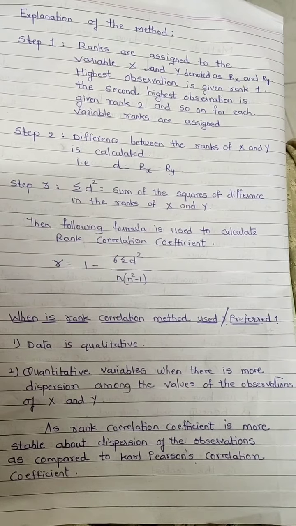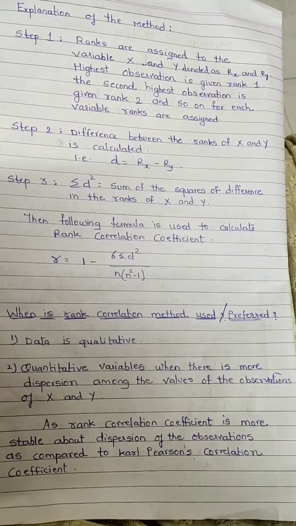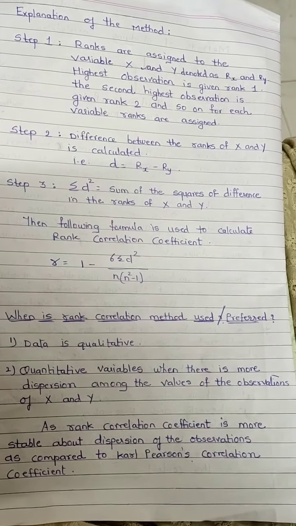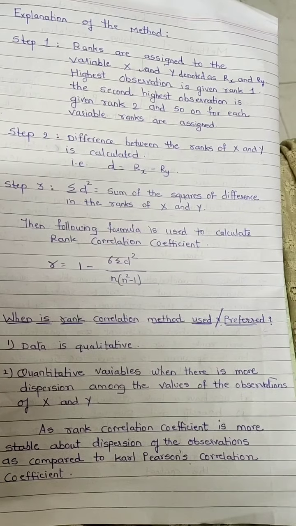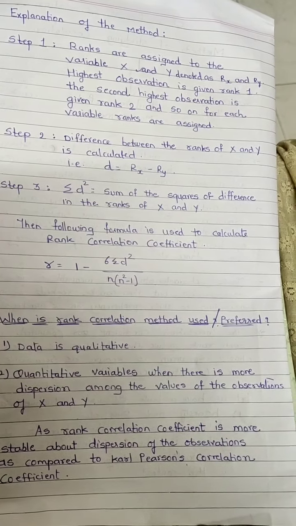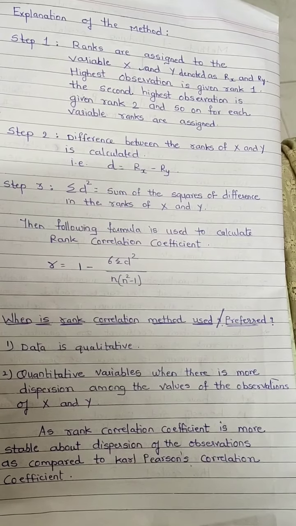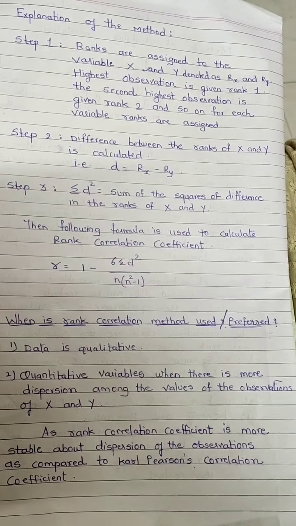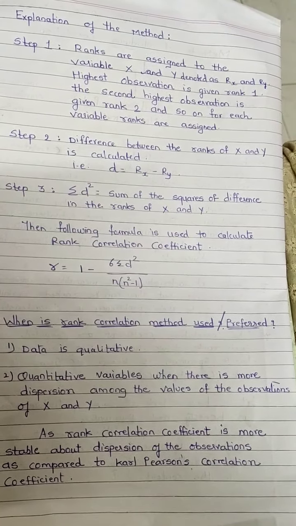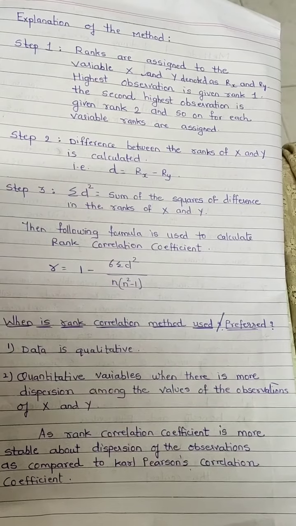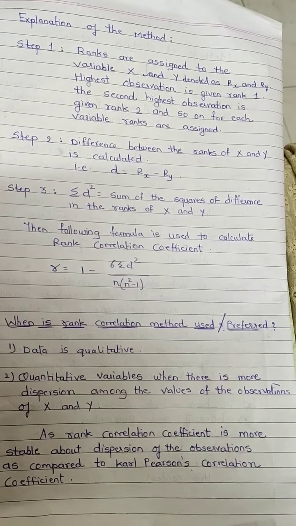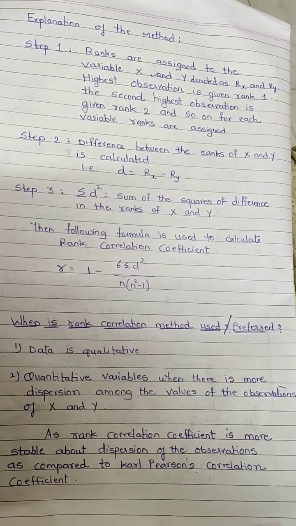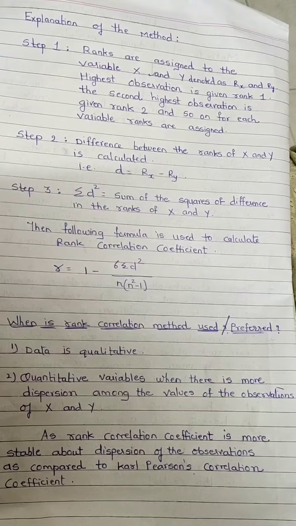Step 2, find the difference Rx minus Ry, and the sum of differences should be 0. Step 3, we take the sum of the squares of the differences in the ranks of x and y. After that, we substitute this value in the formula: R equals 1 minus 6 sigma D square divided by n into n square minus 1.